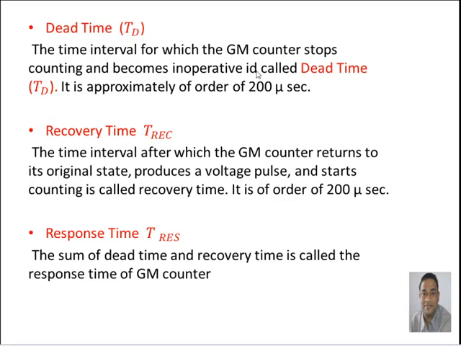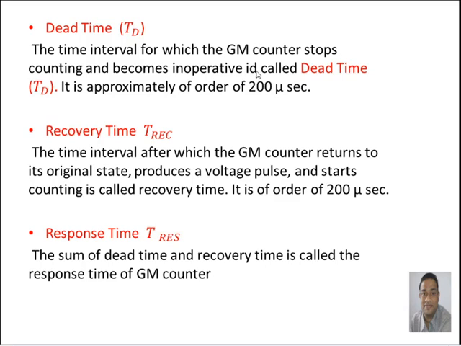So for a short duration, the GM counter has stopped counting and become inoperative. That particular time for which the GM counter has become inoperative is called the dead time. It is approximately 200 microseconds.